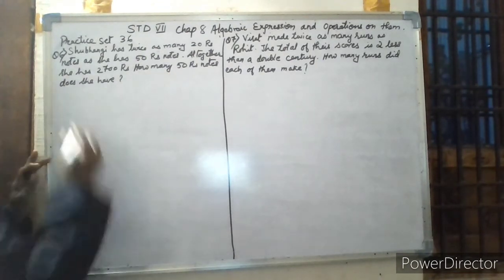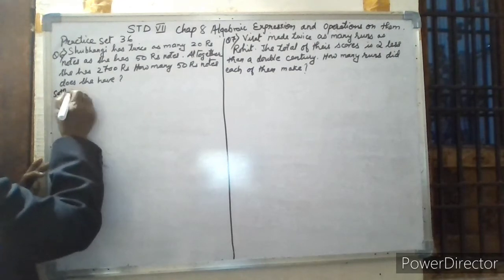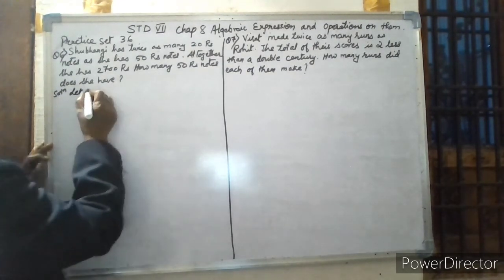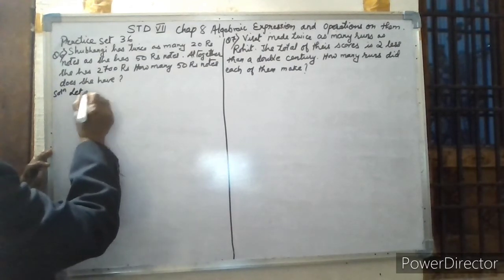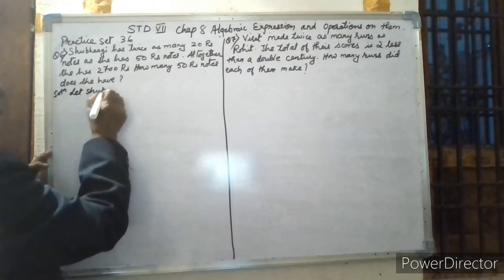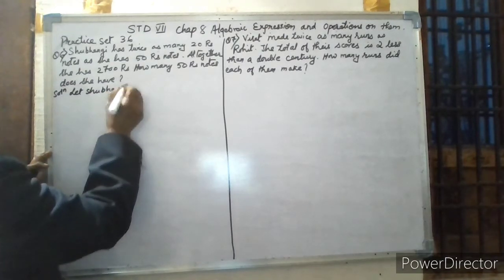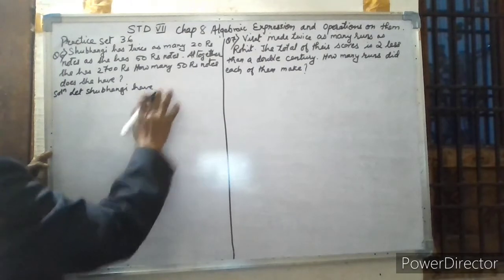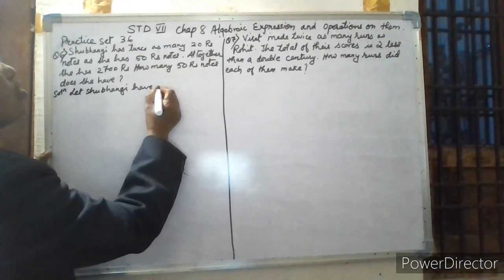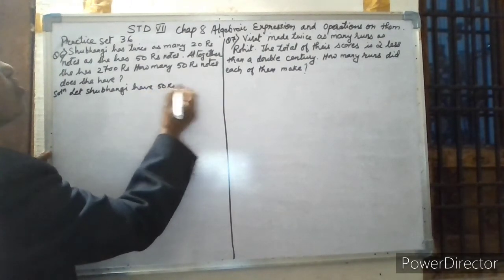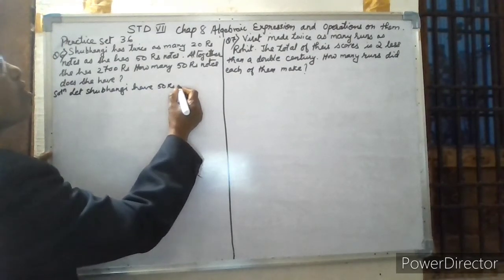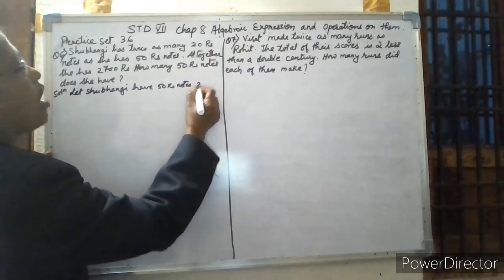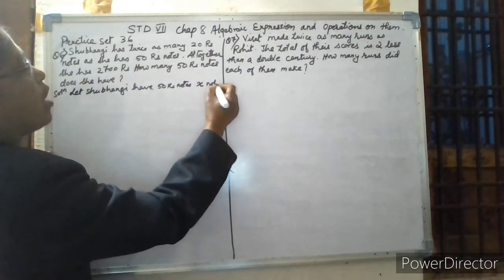So let us take, let Shubhangi have 50 rupees notes as X notes.